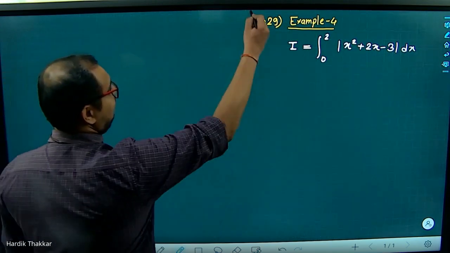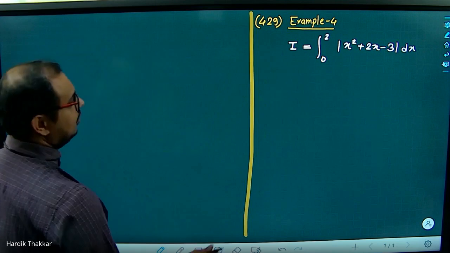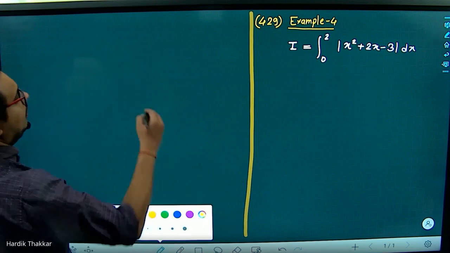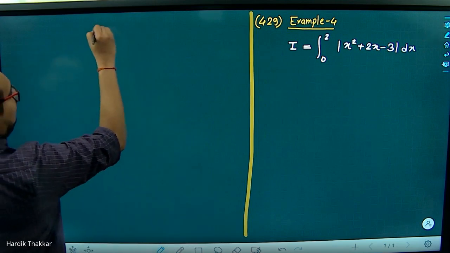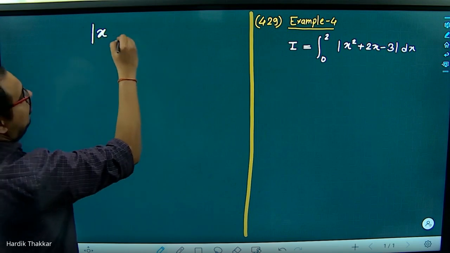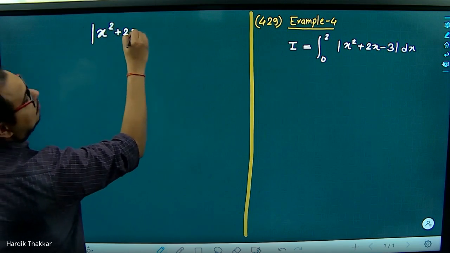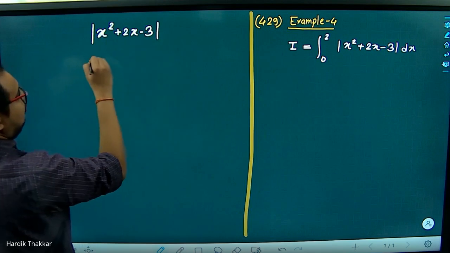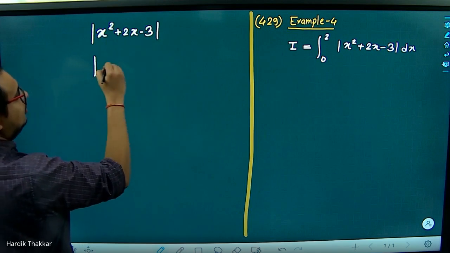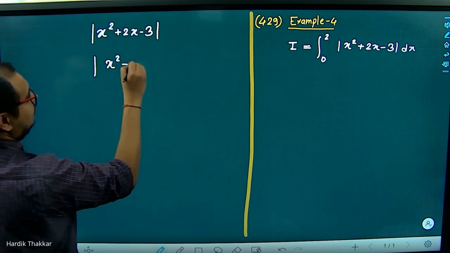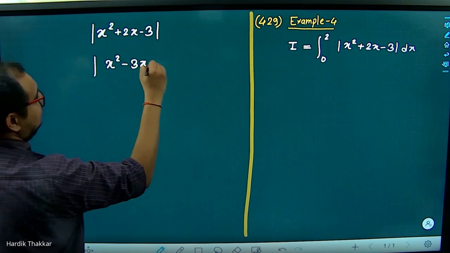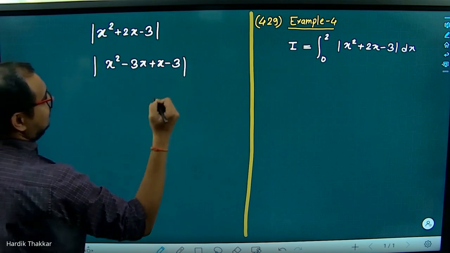So which rule will be applied over here? Let's understand. First, we have to factorize the expression inside the mod: x square plus 2x minus 3. We have to find the linear factors, so we split the middle term into two parts.